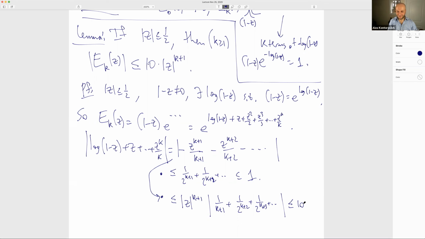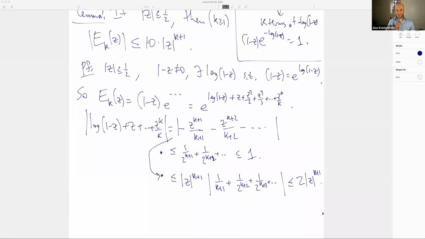Well, let's be slightly less crude. This is less than 2 z to the k plus 1. Okay? So let's call this whole big thing W. So what we just learned is that W is less than 1.